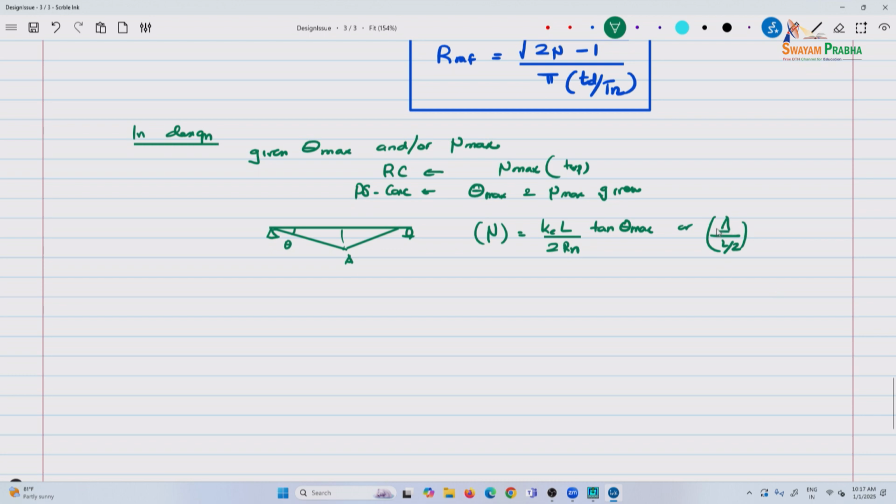Now you're given theta max here to find a mu equivalent. So you find your mu equivalent from this expression.